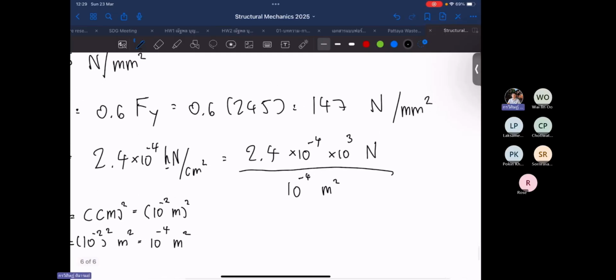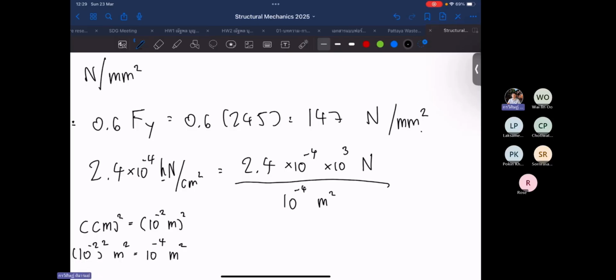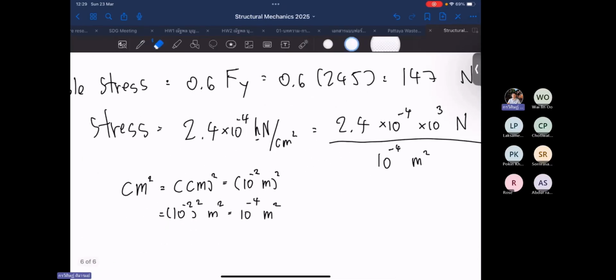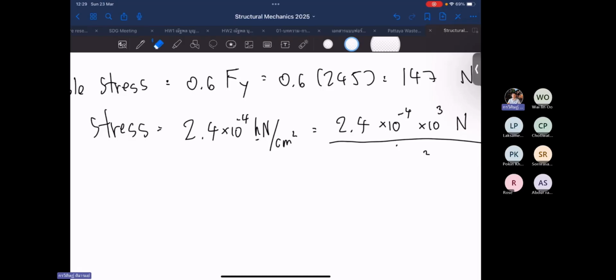But we need this one in terms of millimeter square. Oops, sorry. We need millimeter square. So let's change this calculation a little bit.